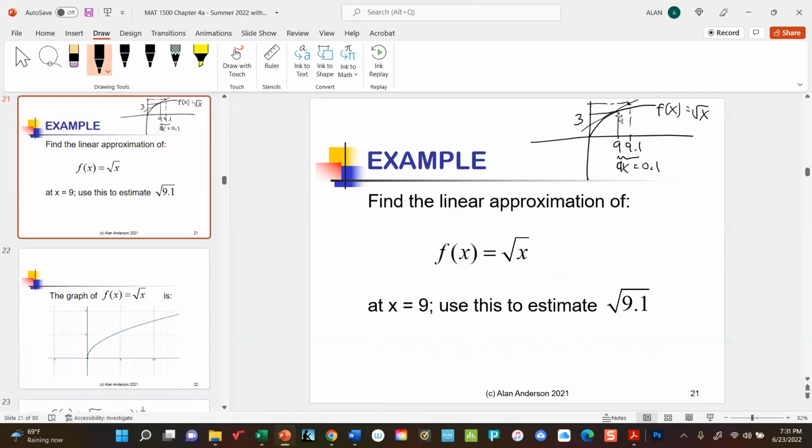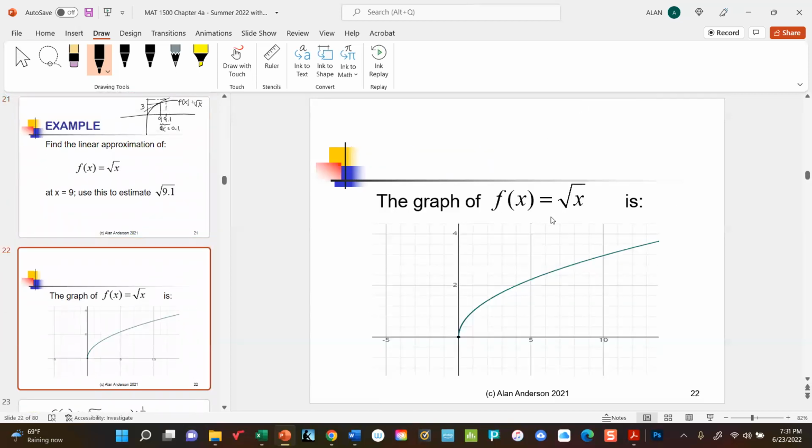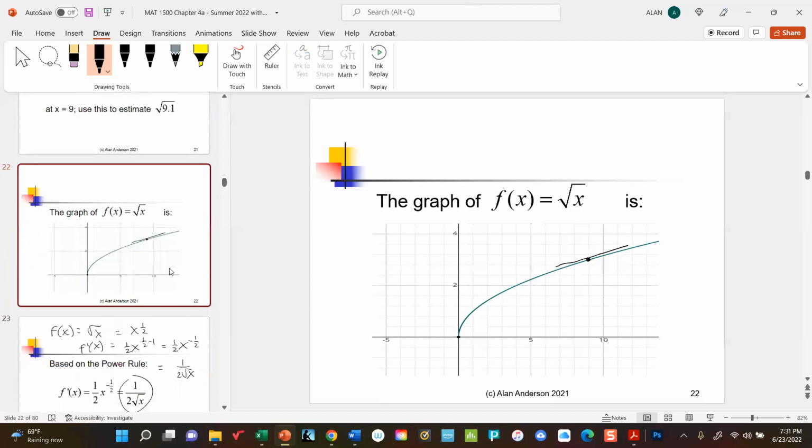You can kind of see that here. It's pretty flat. It's probably better to use the actual Symbolab drawing for this, but you can see how flat it is. It's only 1/6. Now, what we still want to do is come up with the approximate value of the function when x equals 9.1. Given that it's at 9 right now, what is it going to be if x goes up to 9.1?